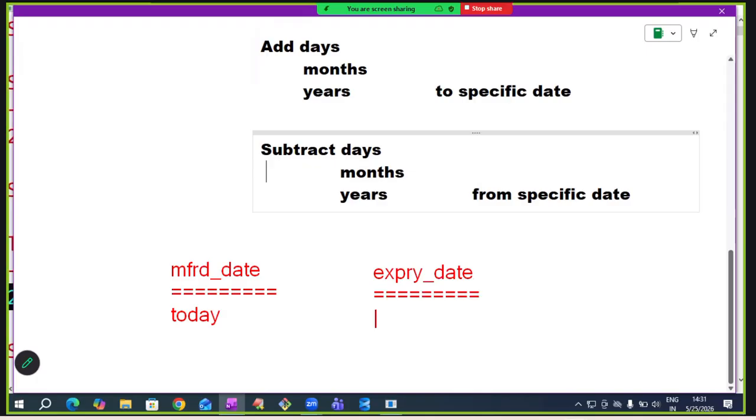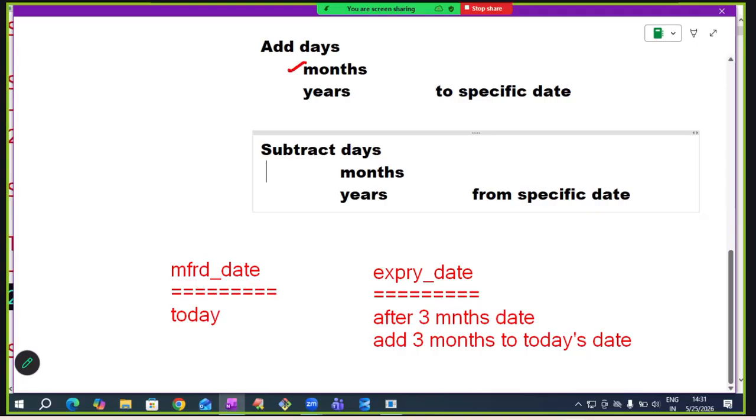Within 3 months it must be consumed. After 3 months the date I want, a future date. So what we have to do? Add 3 months to today's date. We get the date after 3 months. This is adding months. Like this, based on our requirement, we use it.